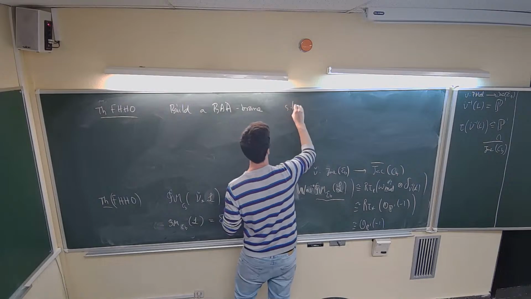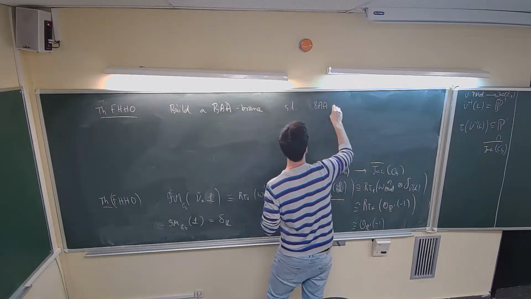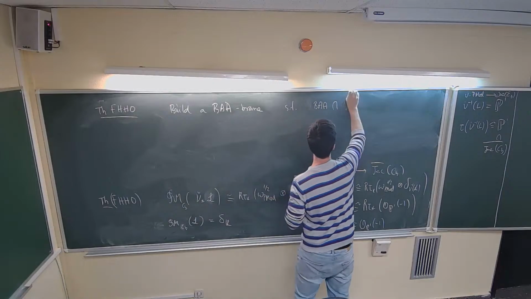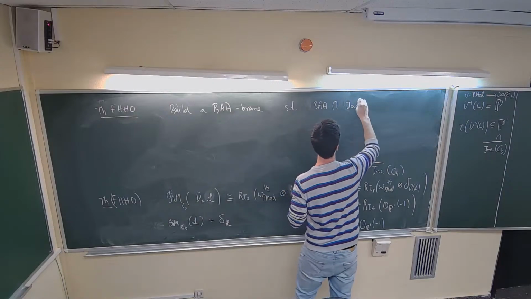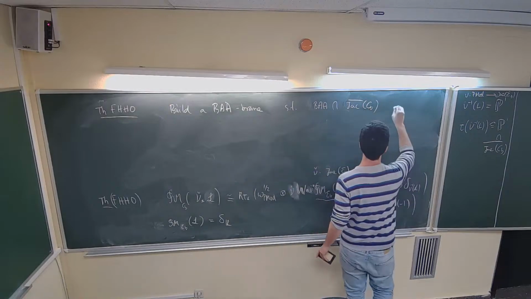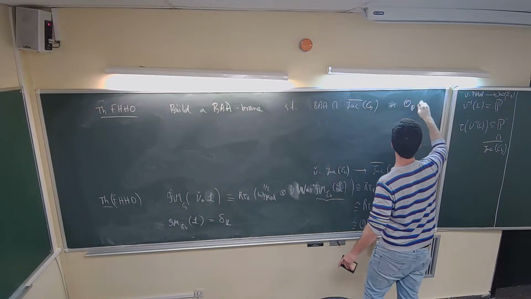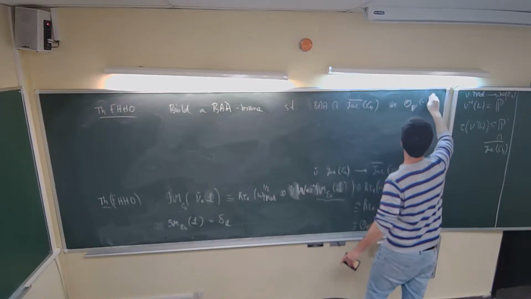Such that this BAA brane intersected with the corresponding complexified Jacobian, so the corresponding Hitchin fiber, is precisely O1 minus 1.